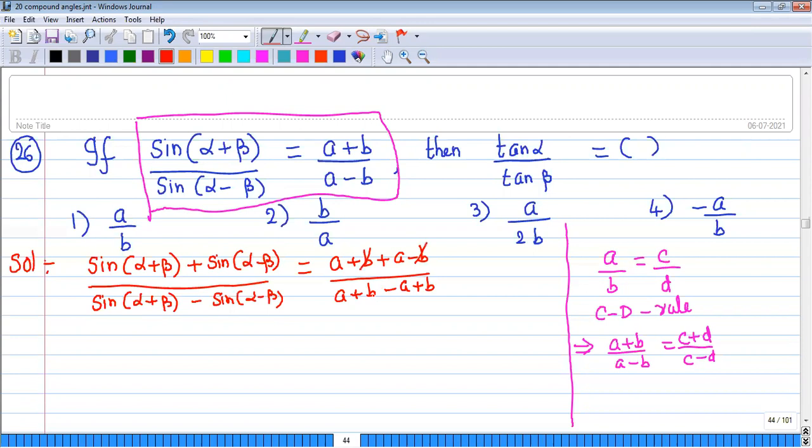B gets cancelled. A gets cancelled. So my dear students, remember sine of A plus B plus sine of A minus B.